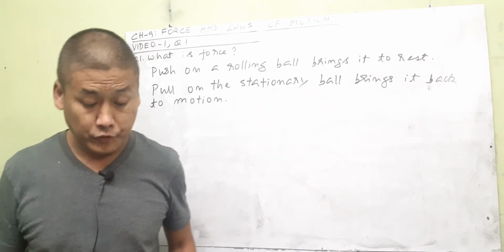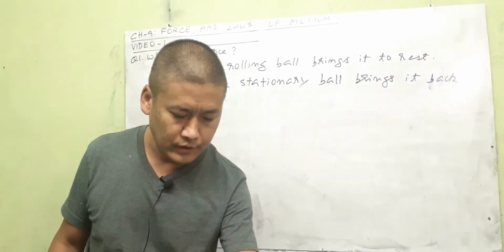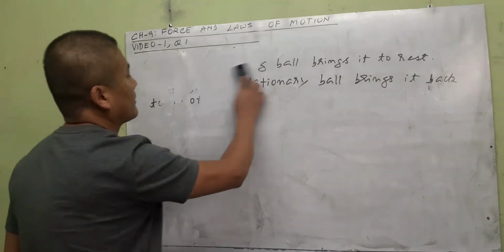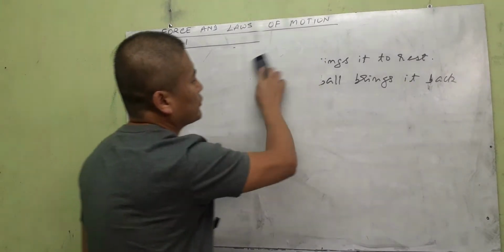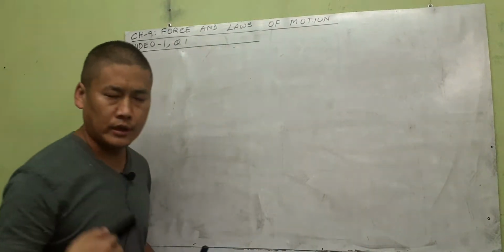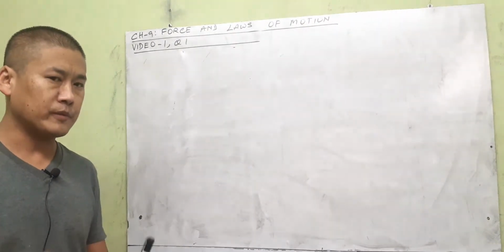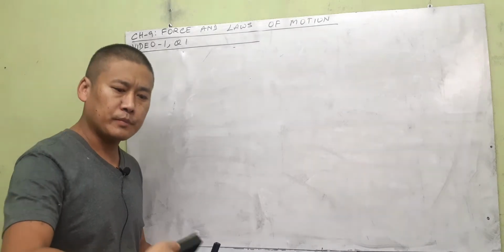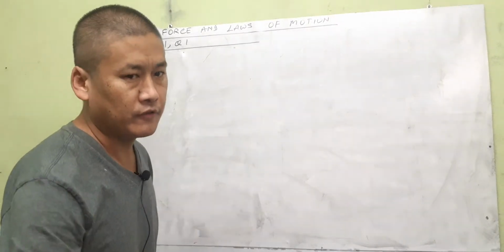Okay, now let us go to the next question. Force is simply an influence or push and pull that brings a resting body to motion, or a moving body to stoppage, or changes the direction or even the speed of the body.